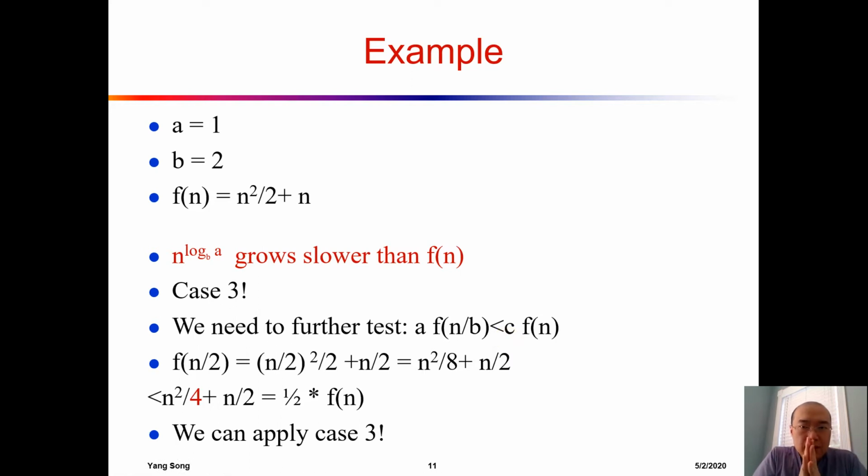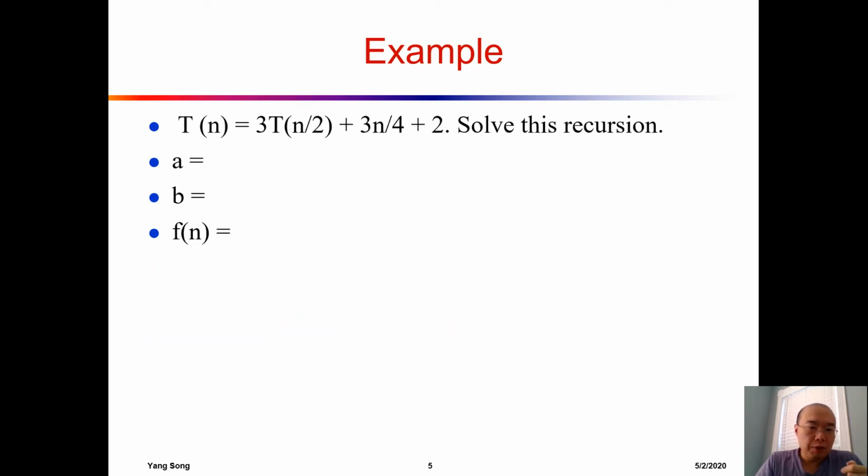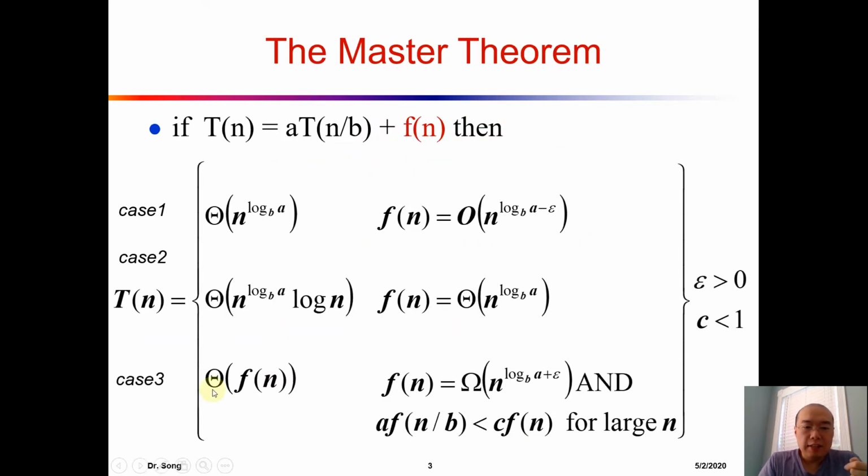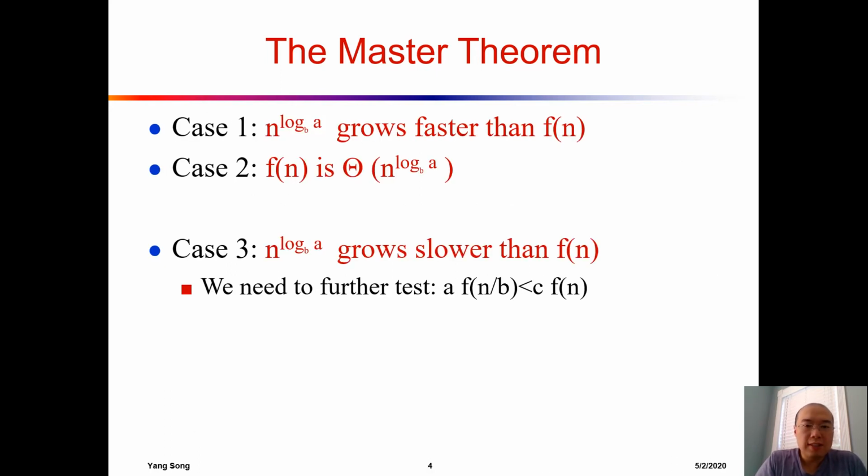That's good. This means we can really apply case 3. And what is case 3? That is theta of f(n). This is how we can solve with the master theorem. Remember there are three cases, and this is an easier version of the three cases of the master theorem. For case 3, there is a further step you have to prove before you can really apply it. Okay, that's it for this video, and good luck.